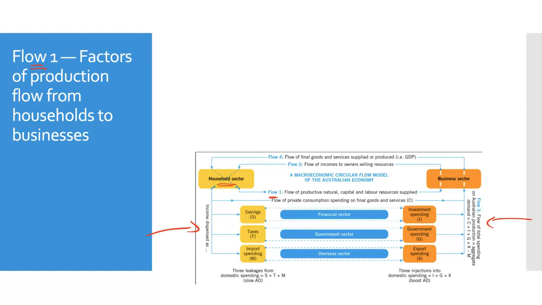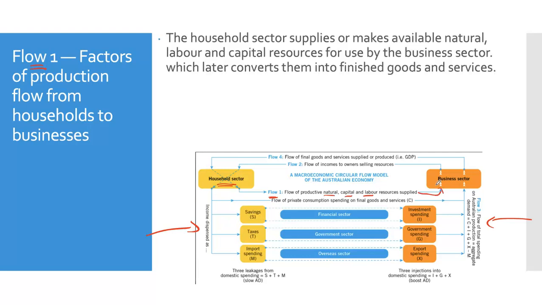Flow 1 is here, and there is a flow of natural, capital, and labour resources all the way to my business sector. So the household sector supplies or makes available the natural, labour, and capital resources for use by the business. They're going to use them to convert them into finished goods and services, which is a later flow.